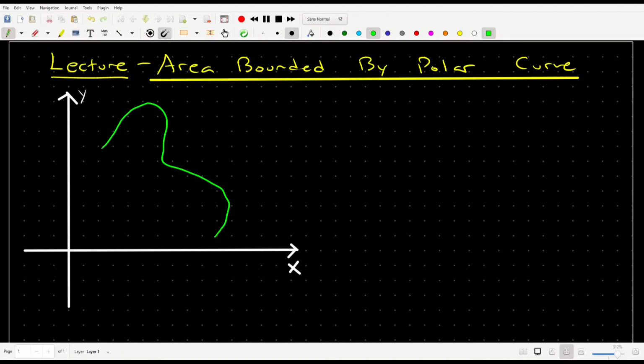In general, maybe it looks something like this, where we have the beginning point on the curve right here, at an angle, we'll say theta A, and the endpoint on the curve is at the angle theta B.